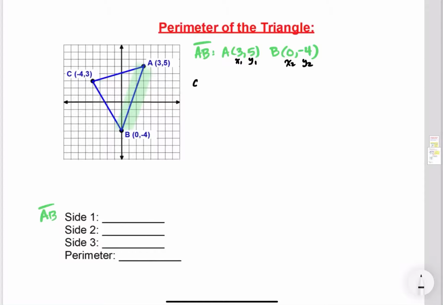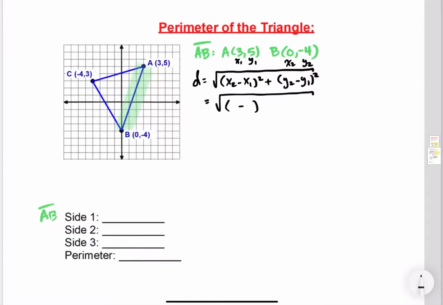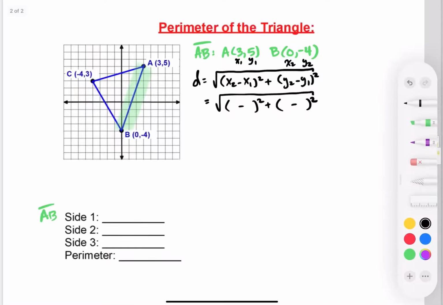Now remember, the formula is d, which is our distance, is equal to the square root of (x2 minus x1) squared plus (y2 minus y1) squared. All we got to do is substitute everything in. So I'm going to keep my parentheses, my minus sign, my square, and the same thing on the y's.